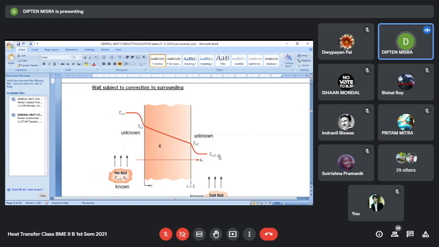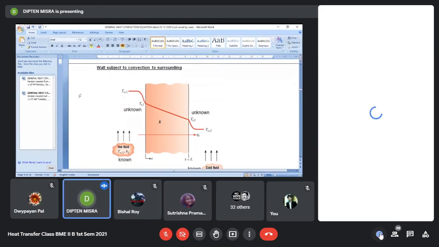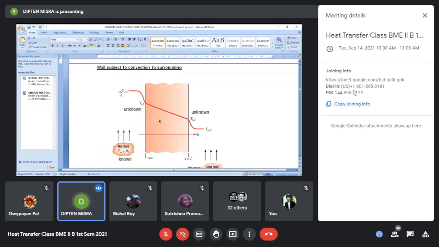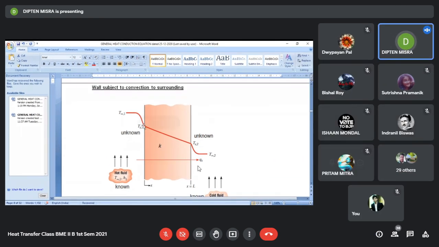Now there are two T infinities, one on side 1, another on side 2. That is called free stream. Not necessarily do you have to go really infinity away. If you move by 1 foot, you can see the temperature remains unchanged. But if you come close, maybe 5 or 6 inches near to the wall, you can sense a drop in temperature.